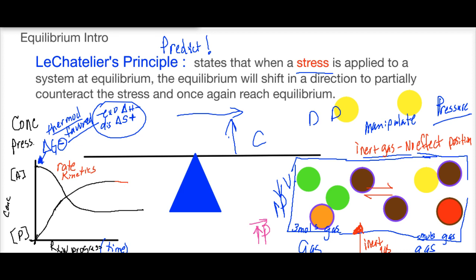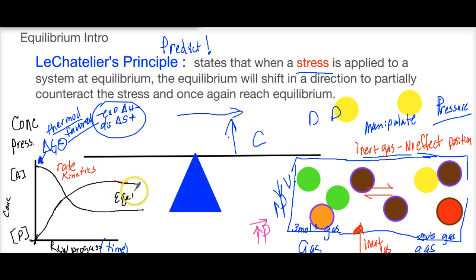At this point, this is what we call equilibrium, where the concentration of A maintains, the concentration of B maintains, and the rate of the forward reaction is equal to the rate of the reverse reaction.